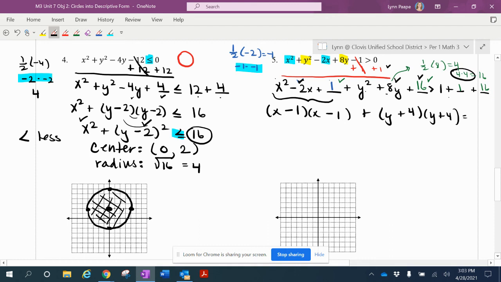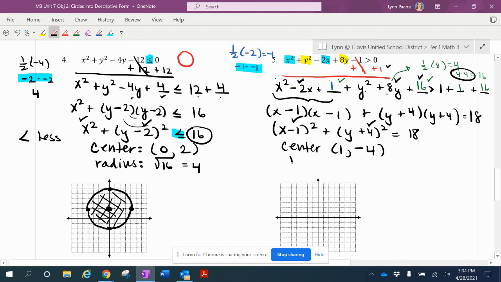And then add these 2 numbers up, so that would give me 16, 17, 18, so 18. And then that will be x minus 1 quantity squared, and then y plus 4 quantity squared is equal to 18. So then my center is going to be positive 1, negative 4, right? So the opposite and the opposite. And then my radius is going to be the square root of 18.